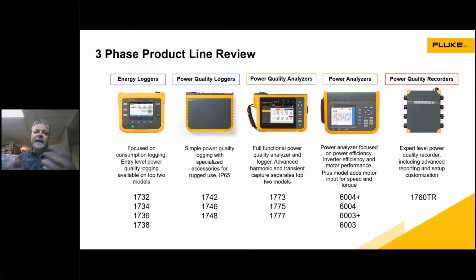So I could run 8 inputs of voltage if I wanted to, or a bunch of different currents, or actually have some switching type information being recorded at the same time. So there's a lot of different functionality. A lot of programming goes into this. They're typically used in almost research on the utility side of the business. But I would say that the core of our business are the first 3 models you see on the left-hand side.